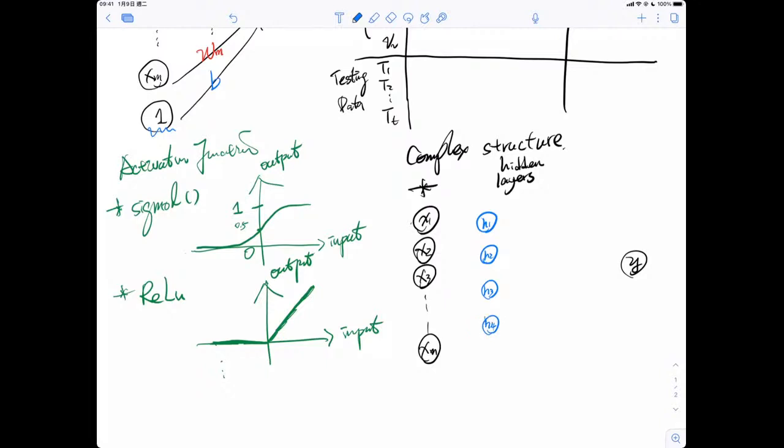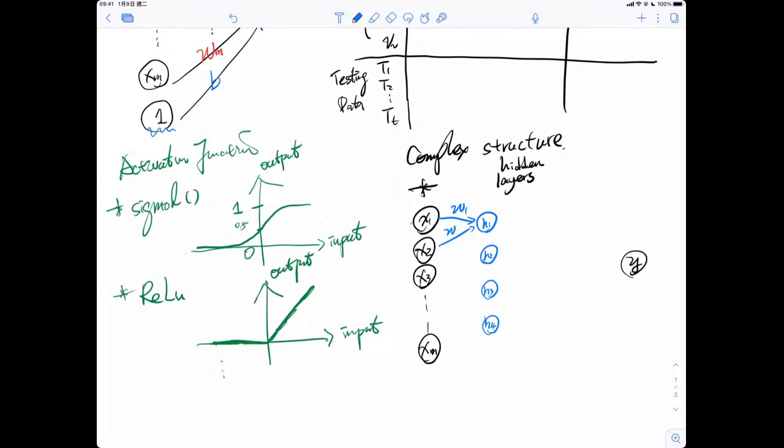That means the relationship between X and Y is so complex that I cannot use a very simple polynomial form plus a nonlinear activation function to describe it. So maybe I can set up a lot of different layers, and for each layer there are a lot of different neurons. Neurons receive information from the previous layer.